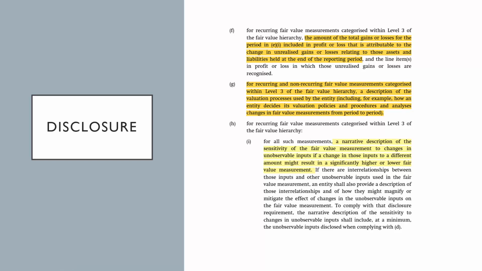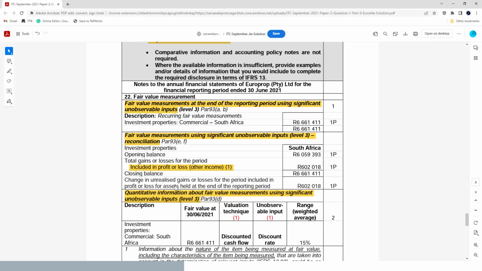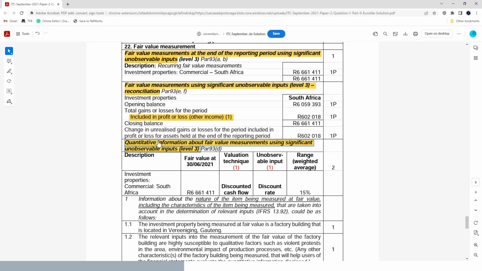That's 1 mark. Just by stating where the fair value is located, that's another mark. The entity's valuation policies are determined by the valuations committee. I would not have gotten that mark, but I would have gotten the mark of saying that the entity obtains evidence from third parties on a semi-annual basis to support the reasonability of the fair value estimate, which is 1 mark.